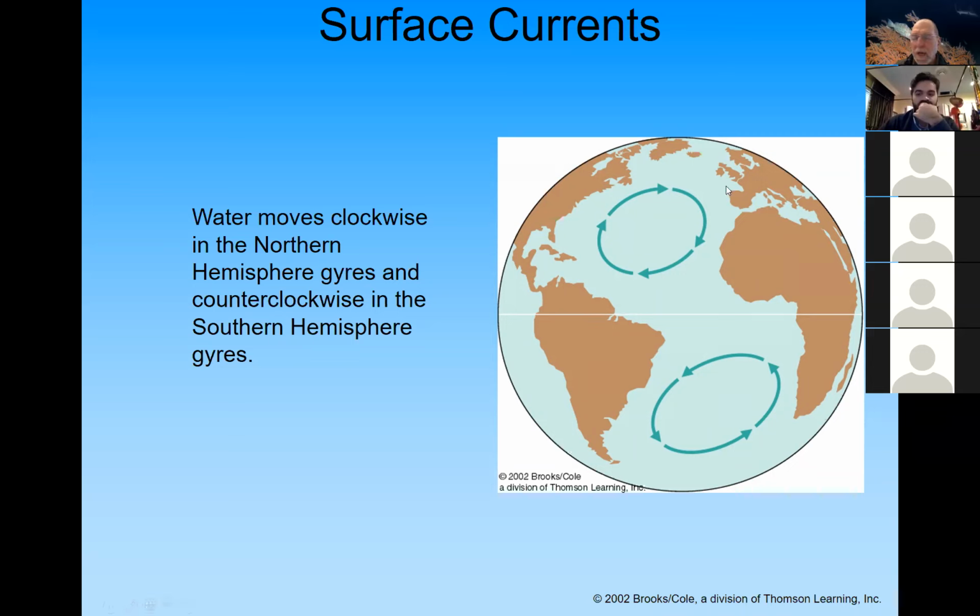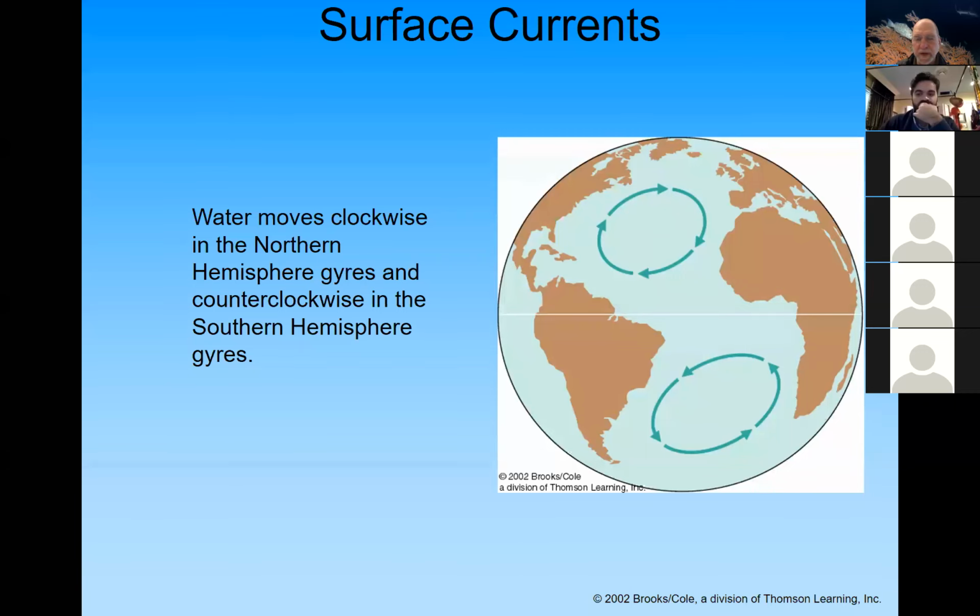You recall on Tuesday we left off with a discussion of surface currents, and we introduced the concept of gyres. These are huge masses of rotating water, thousands of kilometers across, that occur in each of the major ocean basins.